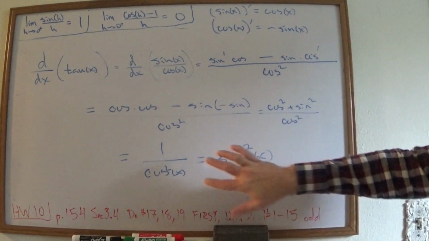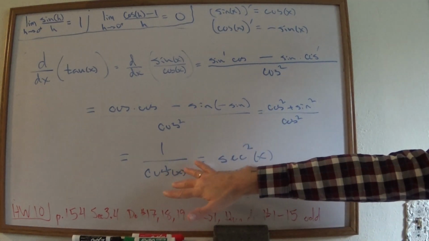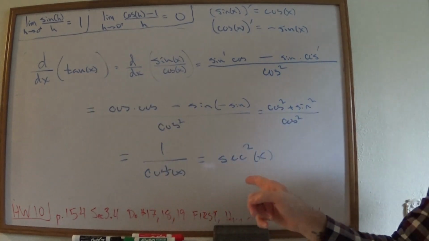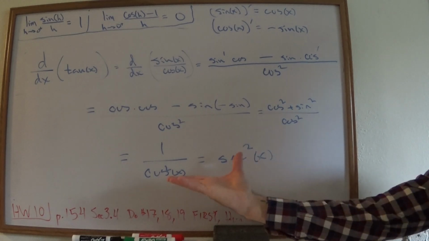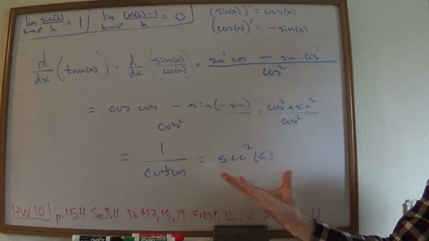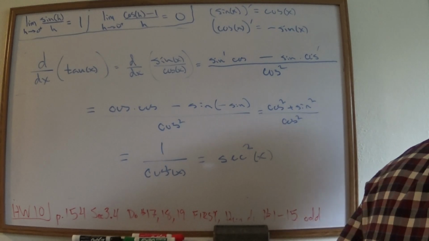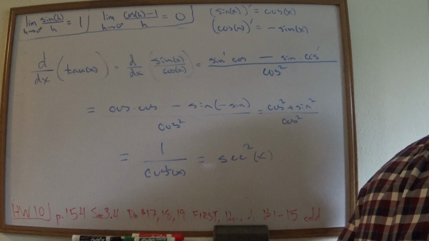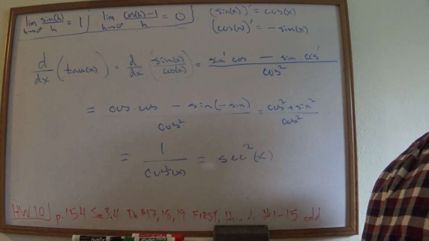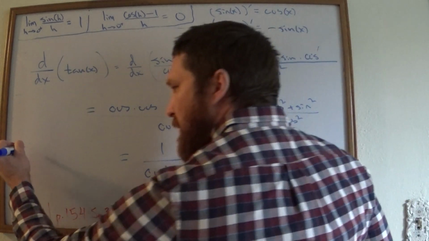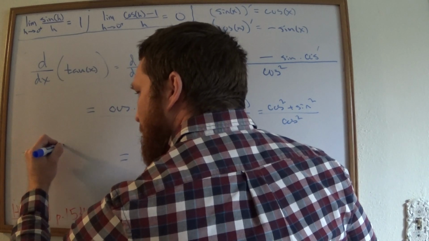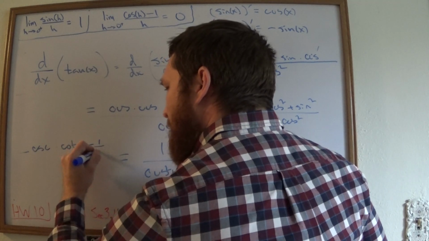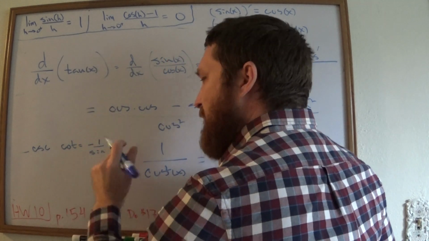And as you do this, you might end up with sines and cosines, but these problems will tell you to prove that this equals that. Well, then that's just what you need to do. So it'll say, prove that the derivative of cosecant is negative cosecant x times cotangent x. And negative cosecant times cotangent is the same thing as negative 1 over sine times cosine over sine.